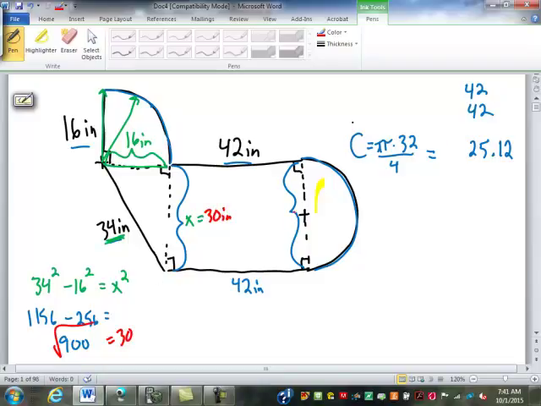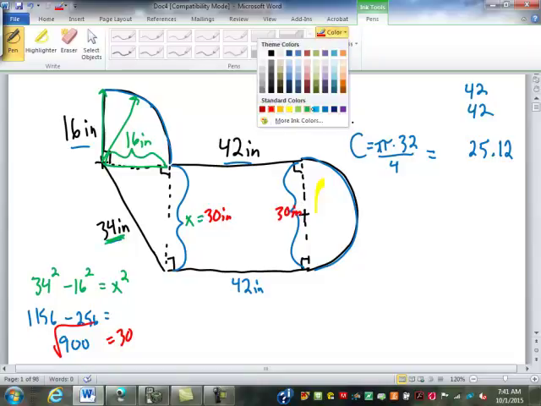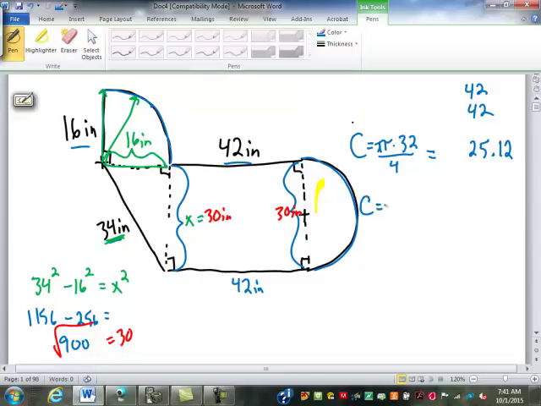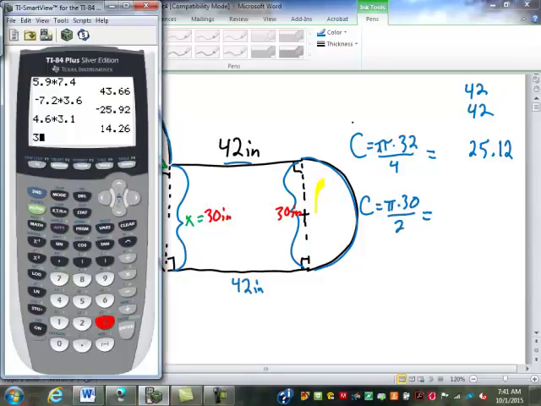So since that's 30 inches, this is of course also 30 inches. So now we are looking at that circumference being pi times 30, and of course divided by 2. So what's that going to give us? 47.1.